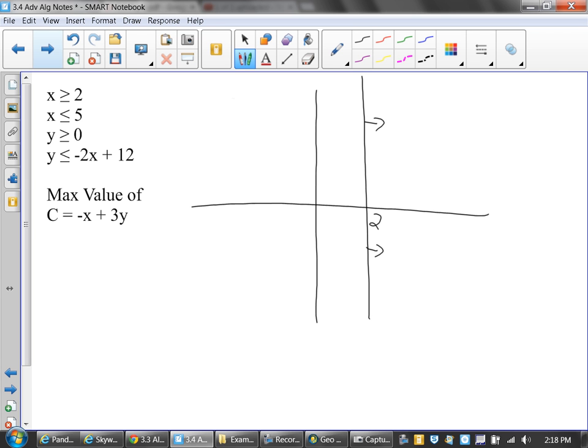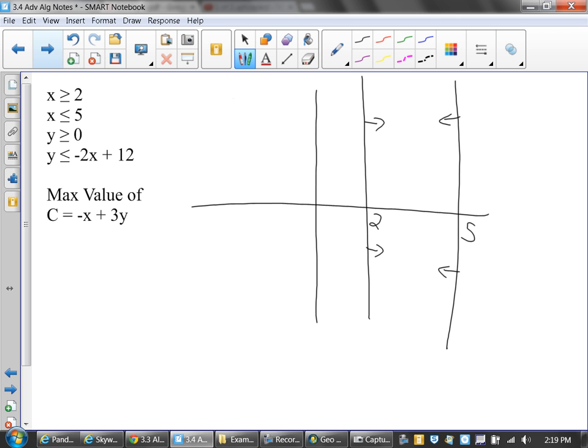After that, we know X is less than or equal to 5. So right now, I have this boundary between 2 and 5, including 2 and 5. No top, no bottom to it. So without a top and a bottom, I'm not going to have any maximum or minimum values because there's nothing to stop it.